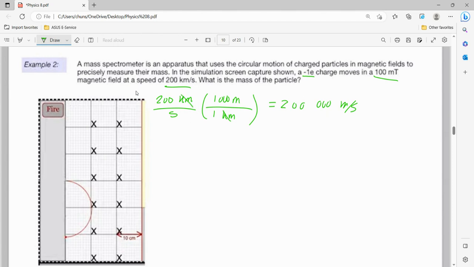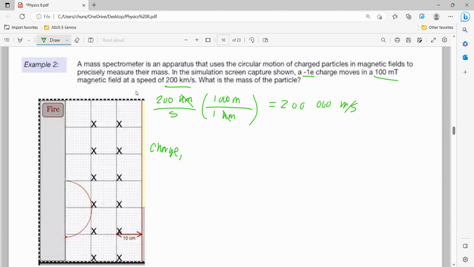And we want to find the mass of our particle. Sorry, we need to find our mass.